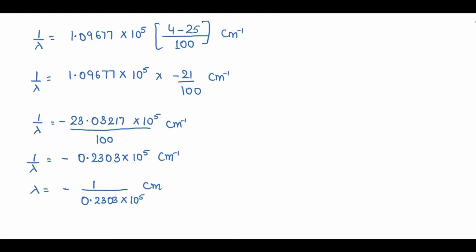So 1 divided by 0.2303, the answer will be minus 4.342, and this 10 raised to power 5, when I take this value in numerator, it will be 10 raised to power minus 5 centimeter, right?